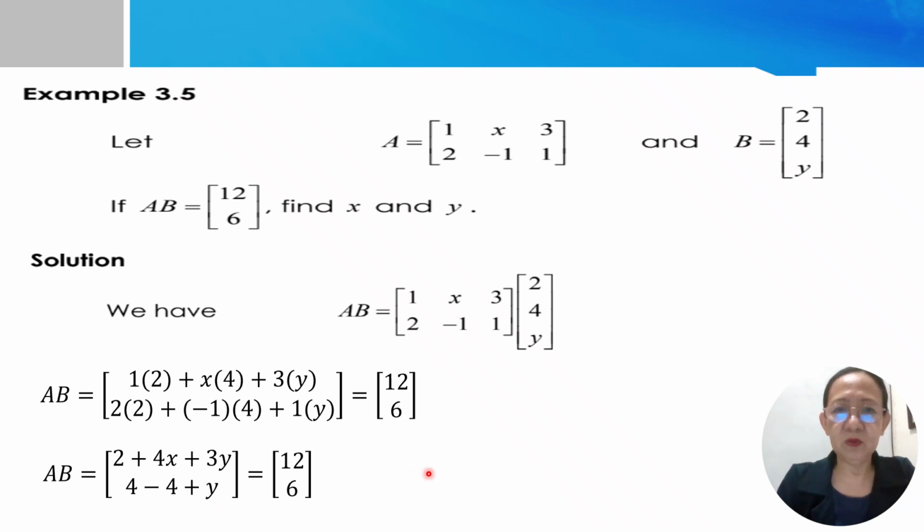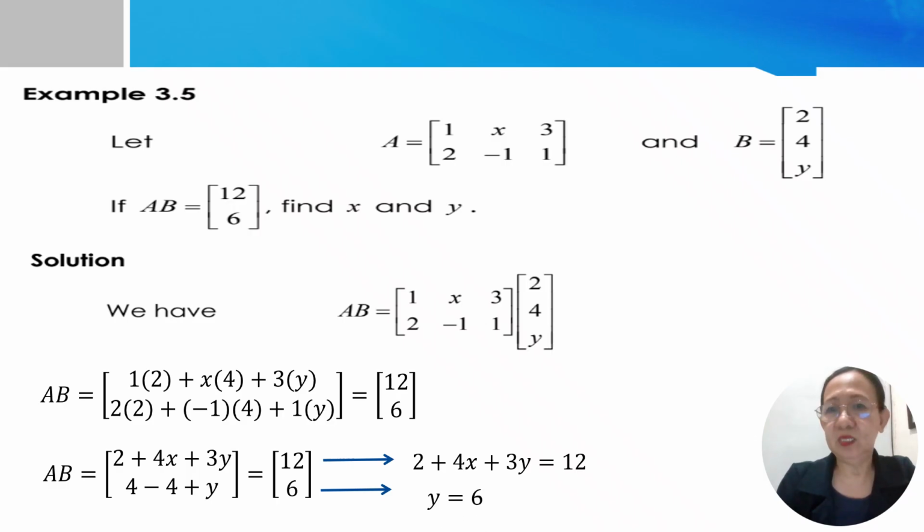So therefore, what are we going to do next? Let us simplify this. So we have 2 plus 4x plus 3y is equal to 12. So we form the equation. 4 minus 4 is 0 plus y. We have now y.